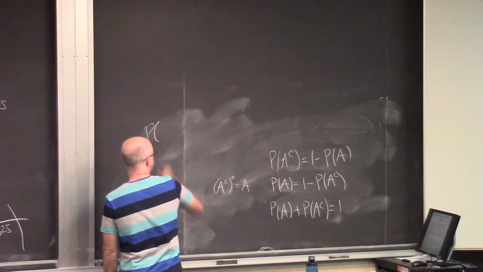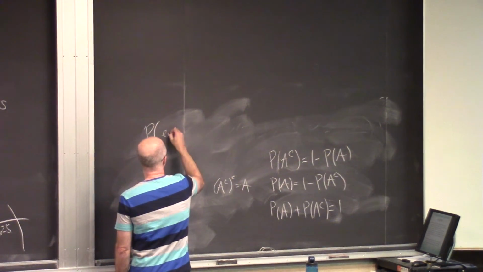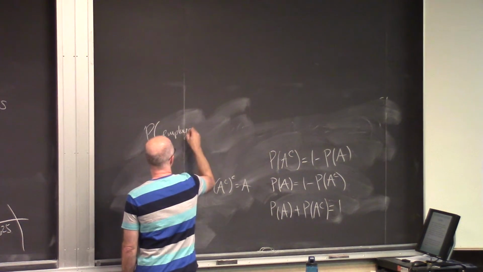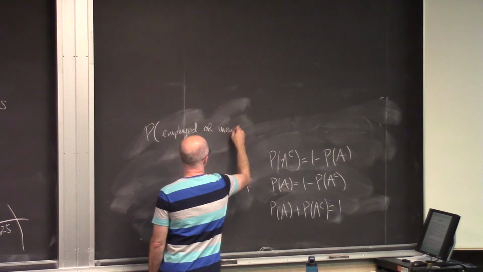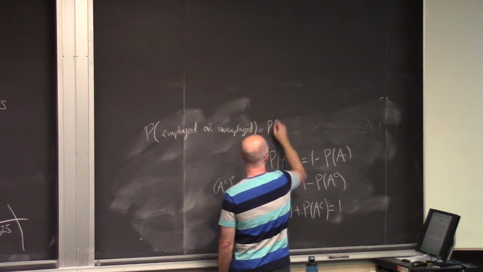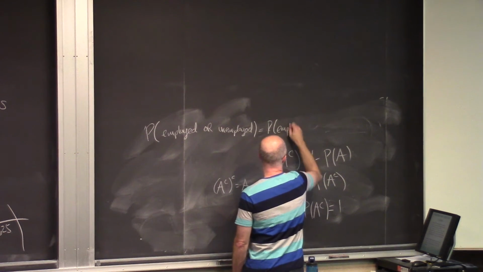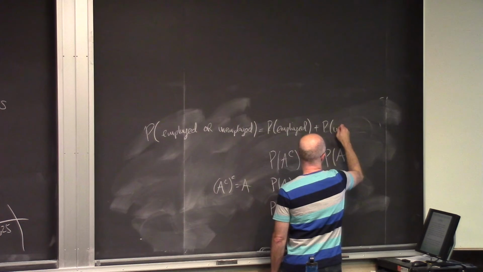You can write your answer like this. The probability that somebody is employed or unemployed, again, because these are just disjoint events, is the probability that somebody's employed plus the probability that somebody's unemployed.